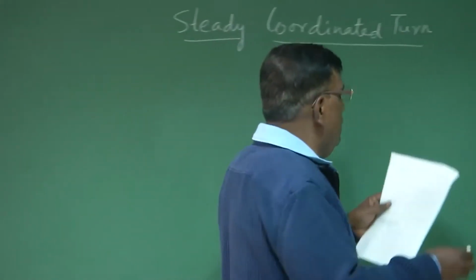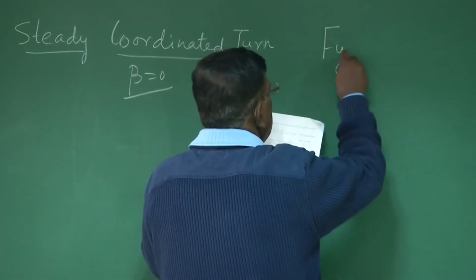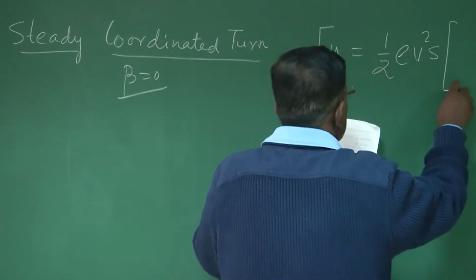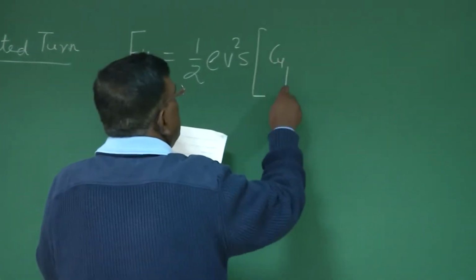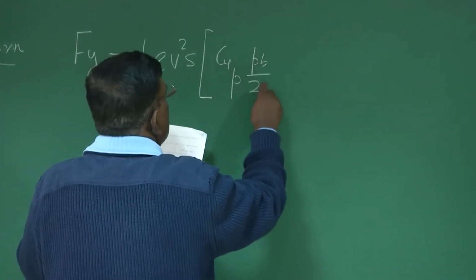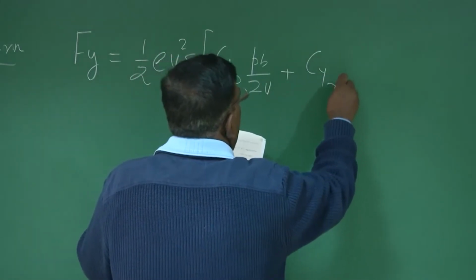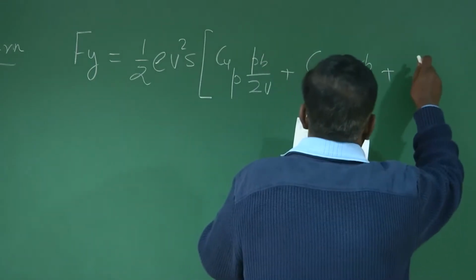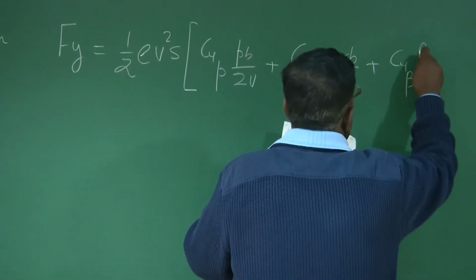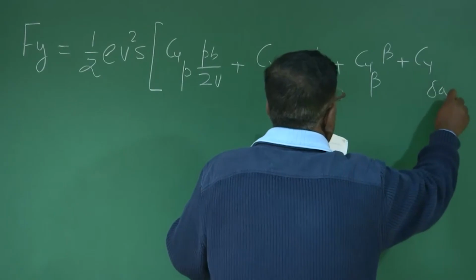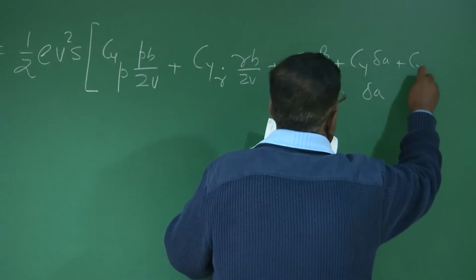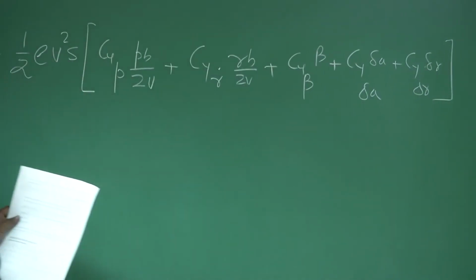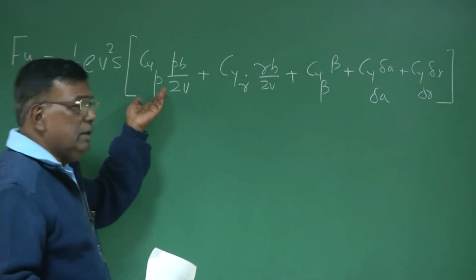For a steady turn, let's say the Fy equation from six-DOF, you are aware it is half rho V square S into CYP into Pb by 2V plus CYR into Rb by 2V plus CY beta into beta, CY delta A into delta A, CY delta R into delta R. This is the aerodynamic force which comes in the general six-DOF.